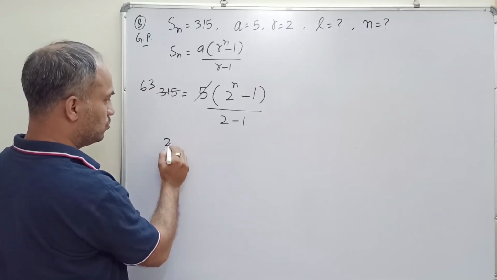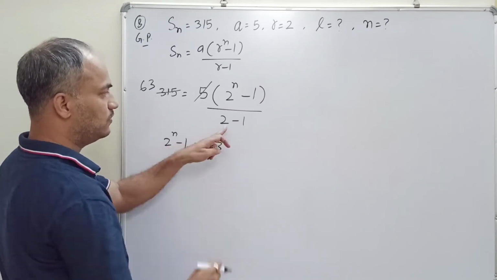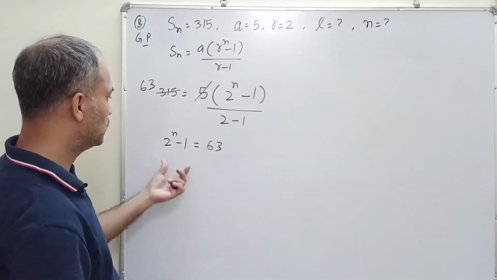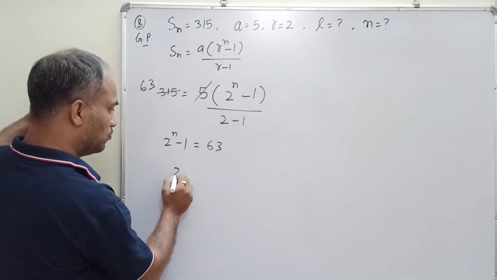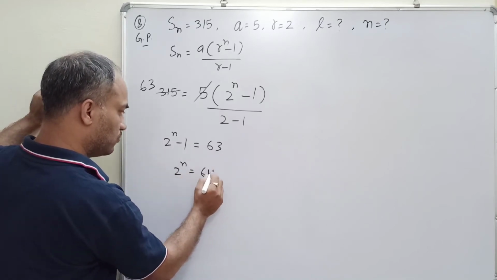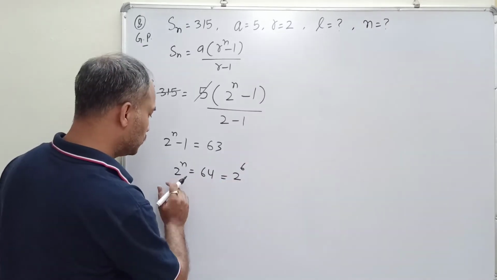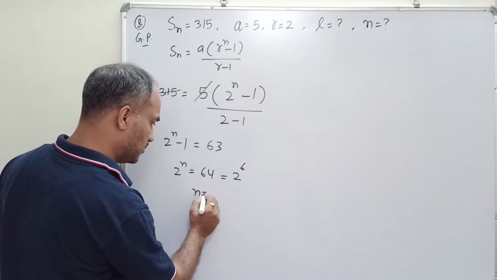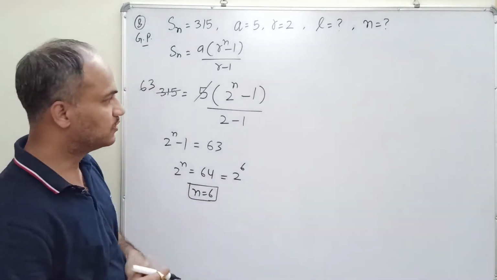So we get 2^n − 1 is equal to 63. Shifting the 1, 2^n is 64, and 64 is 2^6. So on comparison we get n is equal to 6. Clear? This is the number of terms.